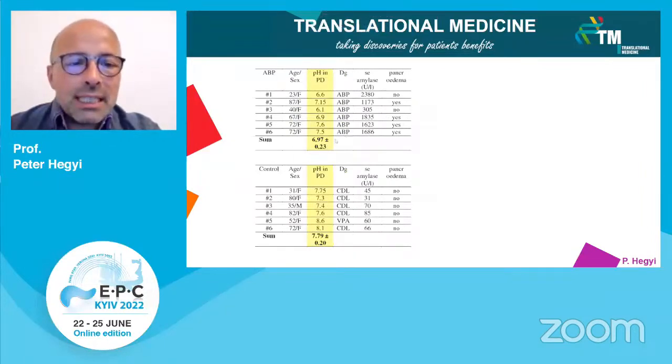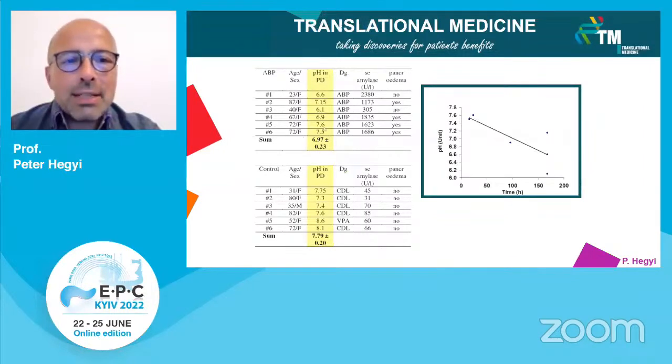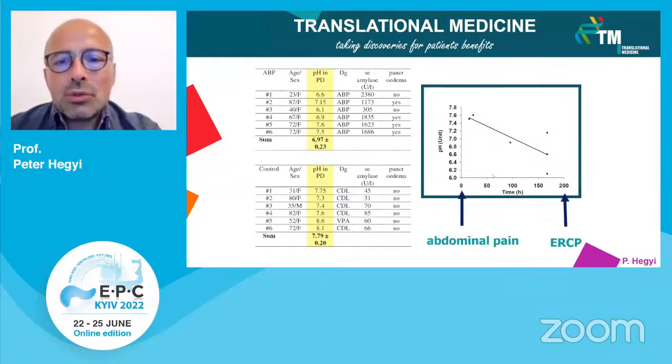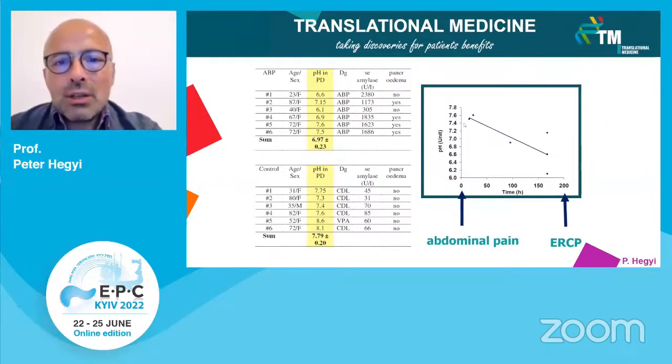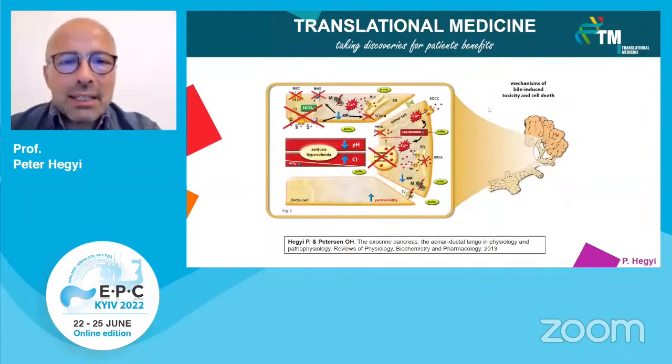And we could see that during acute pancreatitis in the pancreatic duct lumen, there is a clear intraluminal acidosis. And if you also look at the time dependency of the process, as long as the blockage of the outflow of pancreatic juice occurs, the rate of pH decrease is higher.